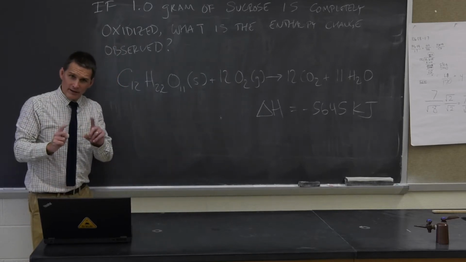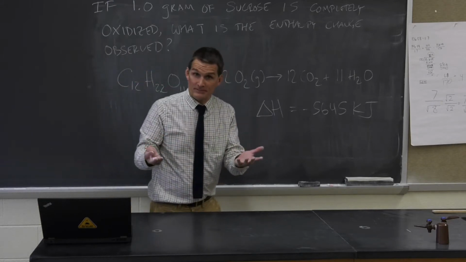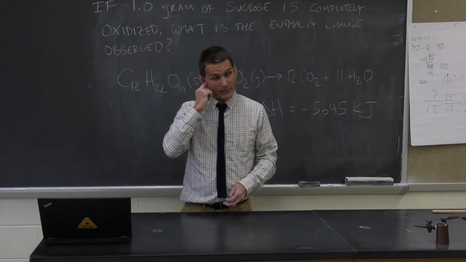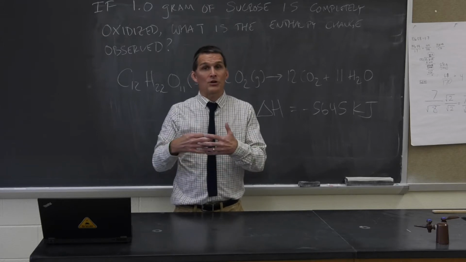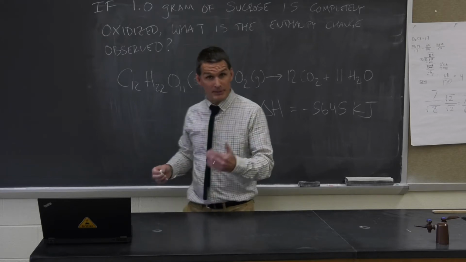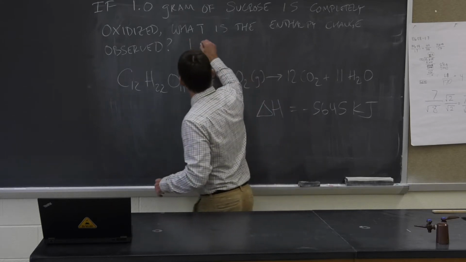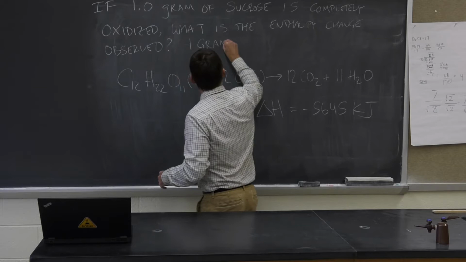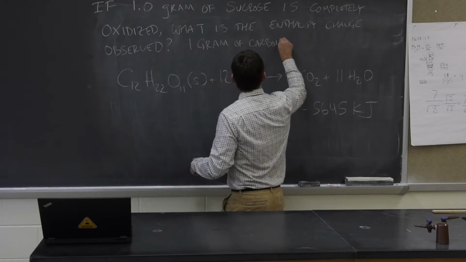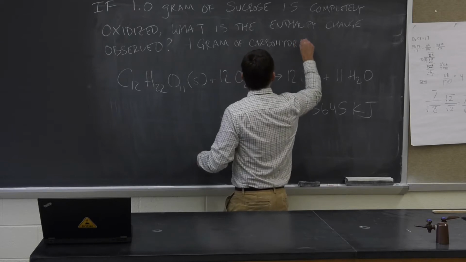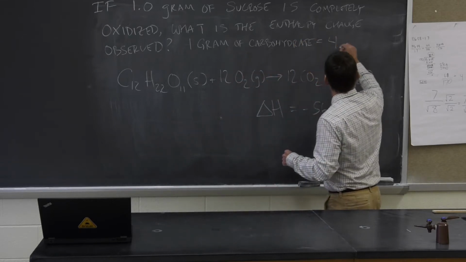And one other thing that I want to do with this particular reaction is relate it to nutrition. Perhaps you've had a nutrition class, or you've at least heard somewhere that when we're talking about food calories, big C calories, kilocalories, 1 gram of carbohydrate is going to be 4 food calories.